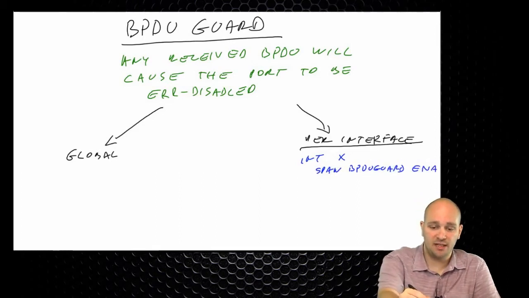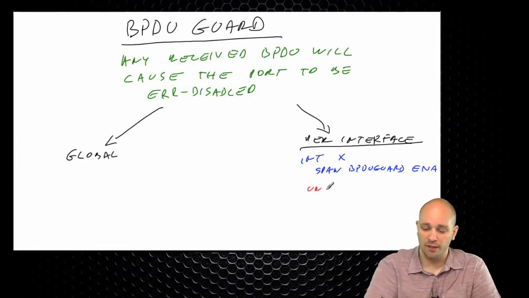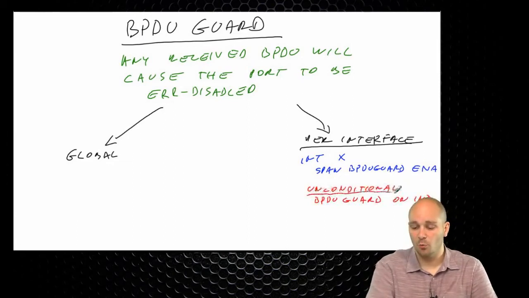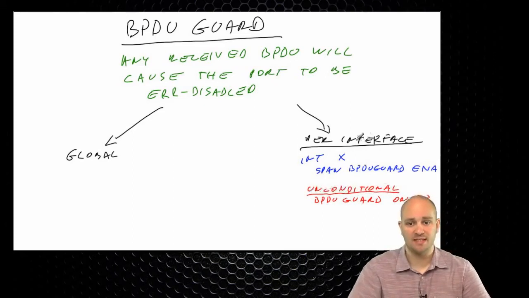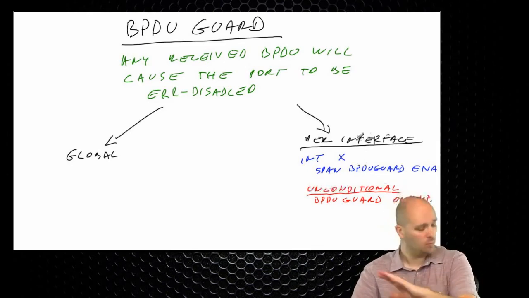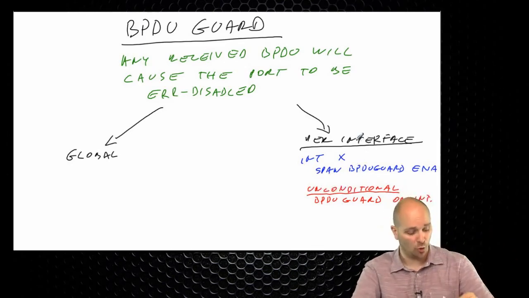Now, what this feature does is unconditionally enable BPDU guard on that interface. Now, what I mean by unconditional is this feature, when enabled on a per interface basis, is not dependent on the Portfast state. Basically, on that interface, if we receive a BPDU, that's it. Bam! The port will go error disabled.